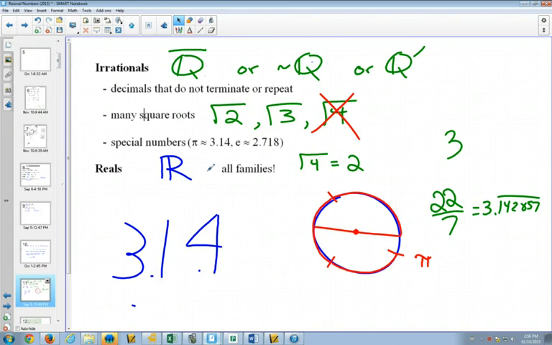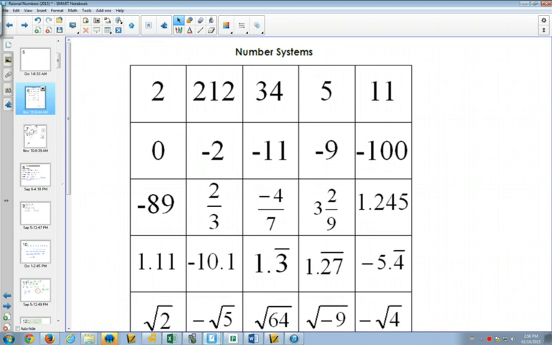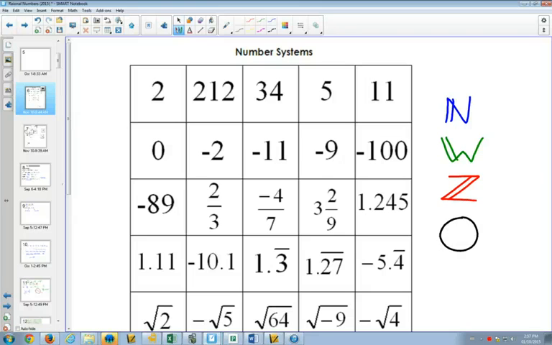So now what we're going to do is go back to the paper that I handed out to you, that we cut out last time. Everybody's got this written down? Natural numbers, whole numbers. Don't write these down yet. Integers. Do you want to use the I or the Z for integers? Rational numbers.